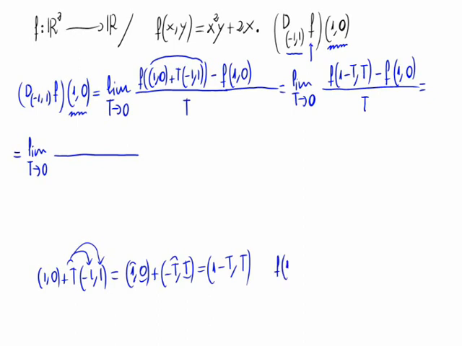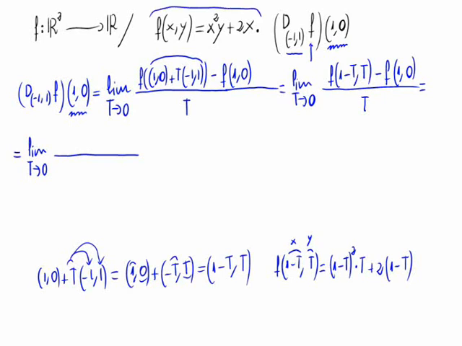So f of (1 minus t, t), this would be x and this would be y, and we just have to substitute them in f of x, y, where x appears 1 minus t, and where there's a y, just a t. So we would have (1 minus t) squared times t plus 2 times (1 minus t).